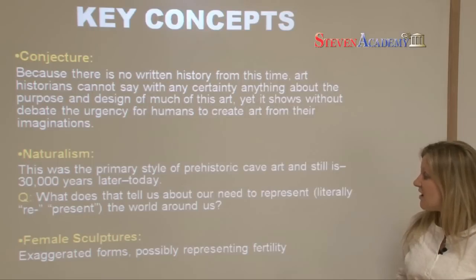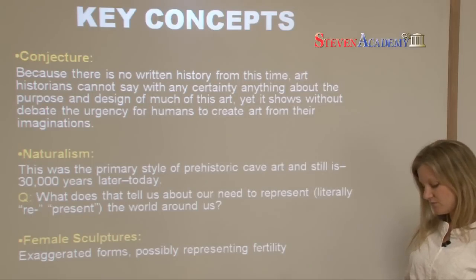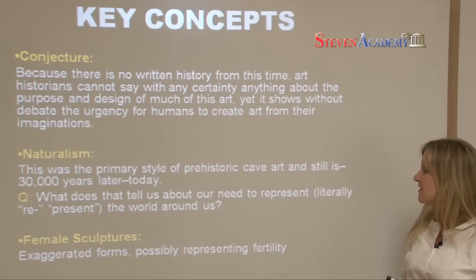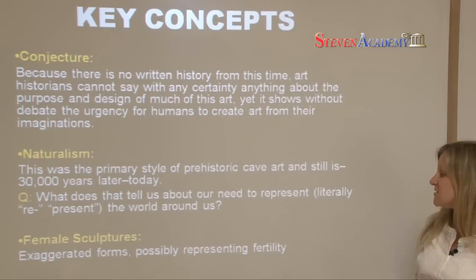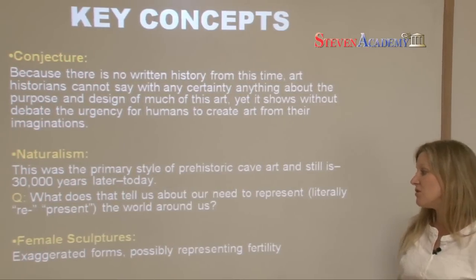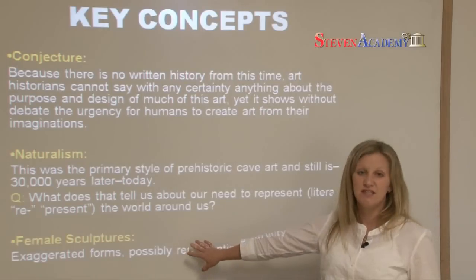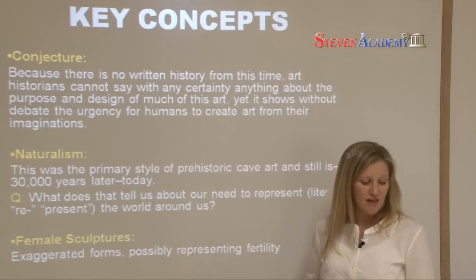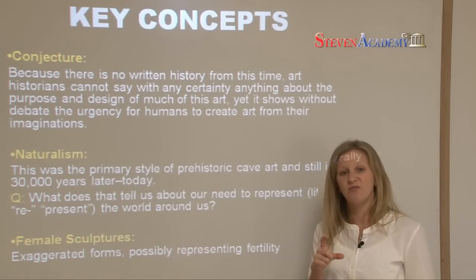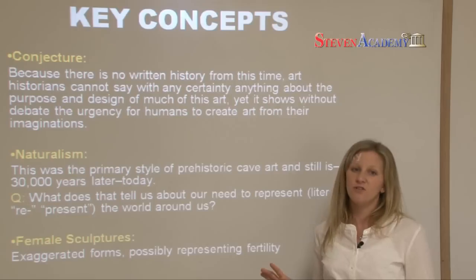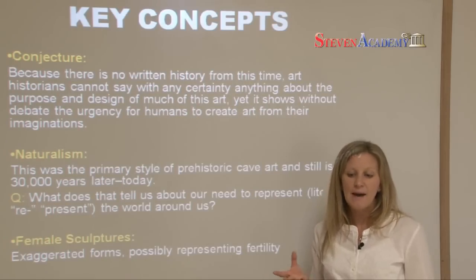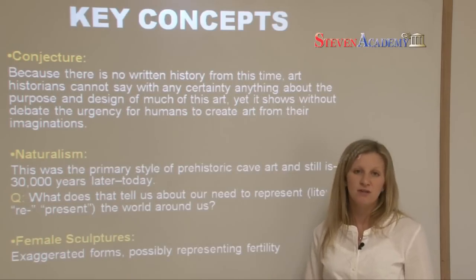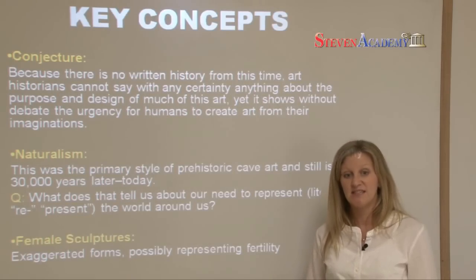The very last key concept that we're going to look at today is the presence of female sculptures. The reason we have such an emphasis here is because there are small female figurines that have been found all over the continent of Europe, even going down into the Middle East and Africa to some extent. We don't know why they're there.